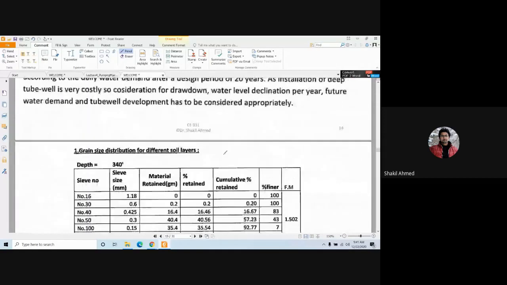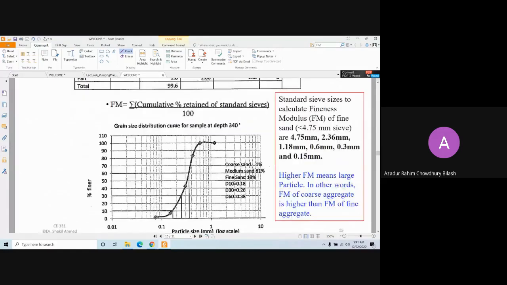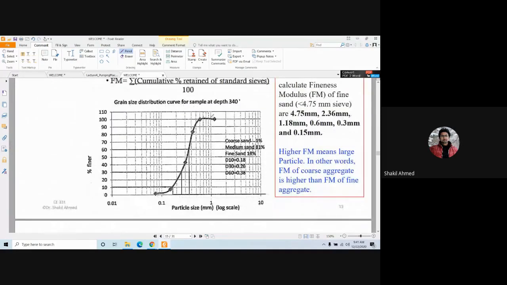Did you perform the grain size distribution curve? Yes, sir. And from there you generate this curve, right? Here is the particle size.